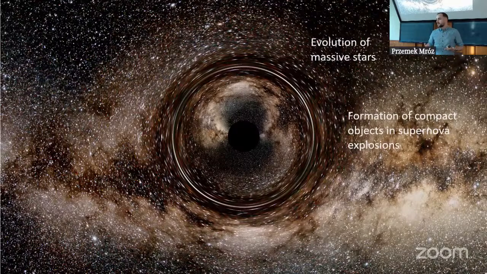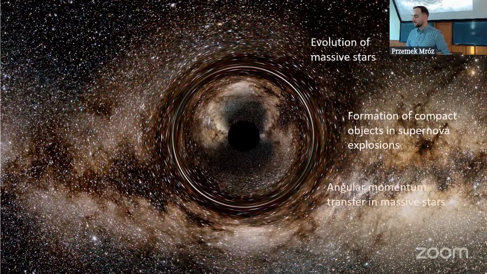We think that black holes come from massive stars. We have to understand the formation of compact objects, black holes and neutron stars in supernova explosions. We have to understand the engines of supernova explosions and processes that undergo during these explosions. We have to understand the angular momentum transfer in massive stars.